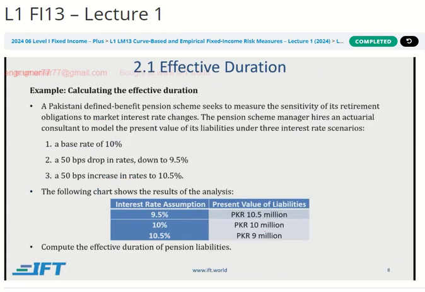Now, as always, here is a question to help you understand this concept in a very good way. I know this question is not related to a callable bond or a puttable bond, but it is related to a pension portfolio. Actually, it's not the pension portfolio, it is pension liabilities. What does that mean?